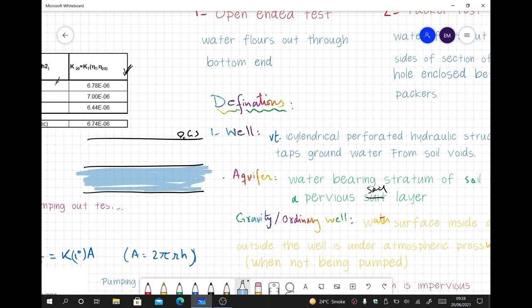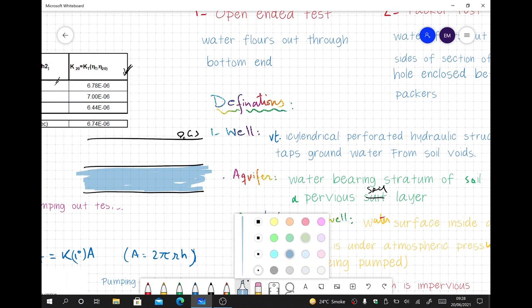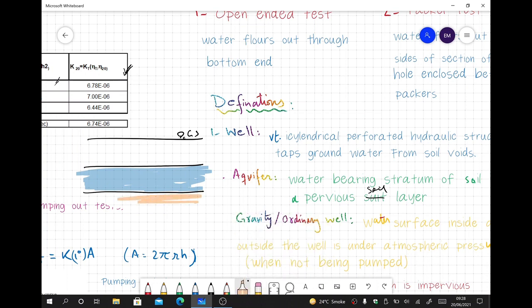But on top of it and below it we have impermeable soil, that is clay soil or maybe rock. The brown color represents the impermeable soil that does not allow water to flow through it, and blue color indicates the permeable soil, that is an aquifer that allows water to flow through it. What we're going to do is make a well up to the bottom of the aquifer.